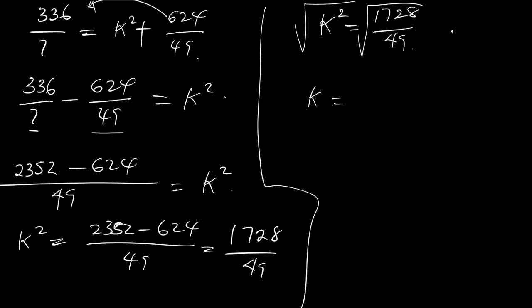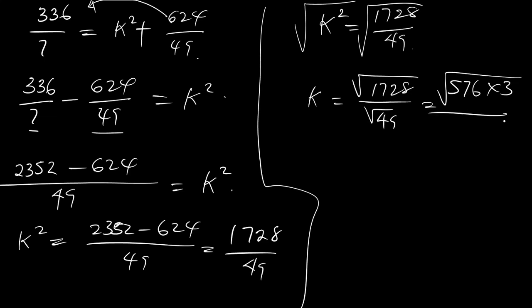This expression can also be written as the square root of 1728 divided by the square root of 49. And 1728 is the same thing as 576 times 3. So the square root of 576 times 3 divided by the square root of 49.